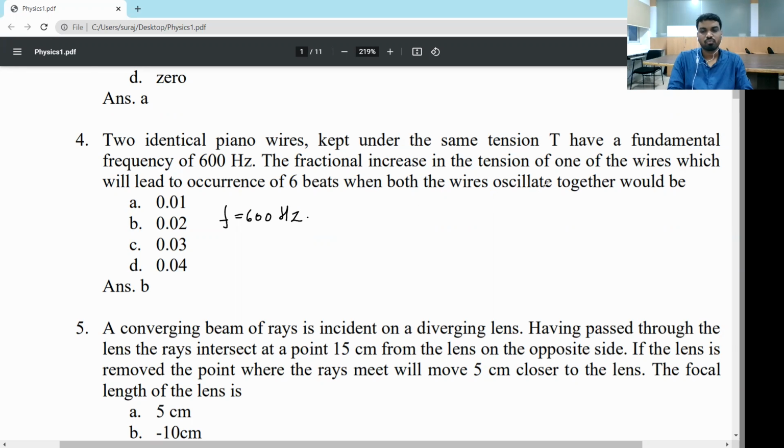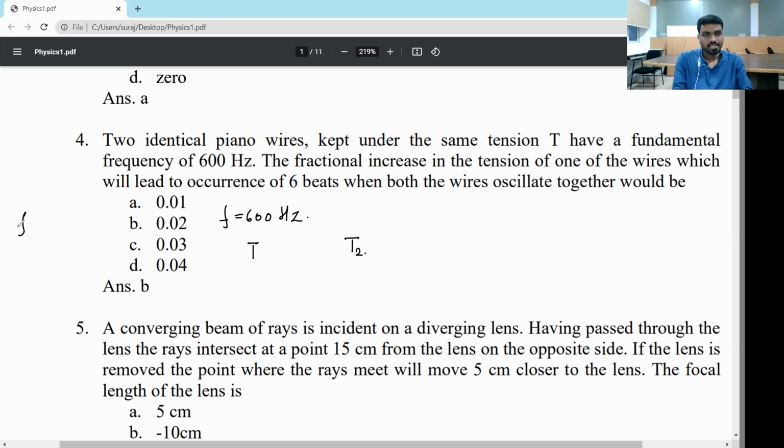Fractional increase in tension of one of the wires. So one wire has tension T1, another wire, let's say tension T2. Tension is increased in one wire, and in the other wire it is kept the same. Now obviously if I increase the tension, what will happen?